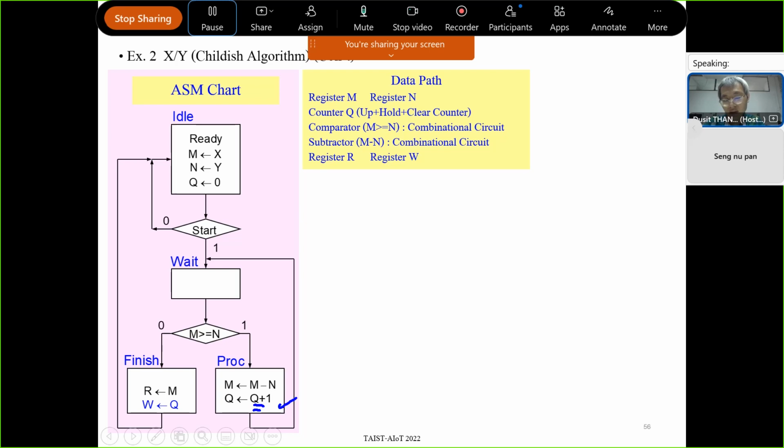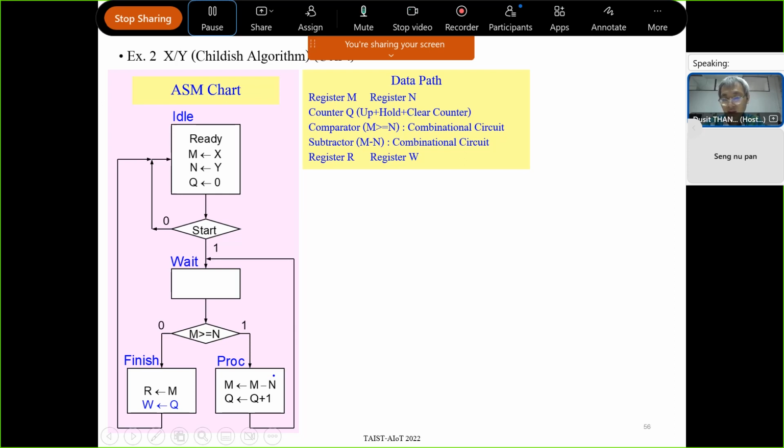So the component for q should be a counter, which can count up and clear. What else? R and W are also registers, and for this one you use a comparator. A comparator is just one kind of combinational circuit, and this subtraction is also a combinational circuit that you need to implement this problem.